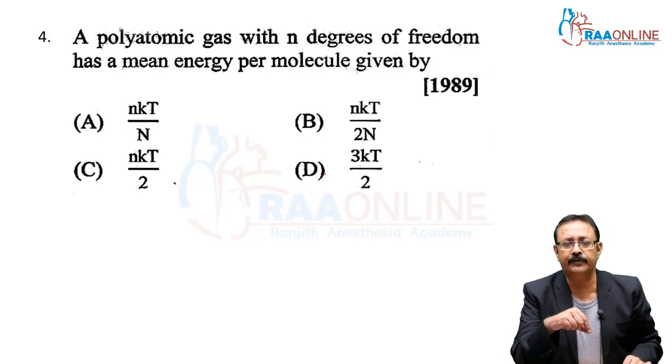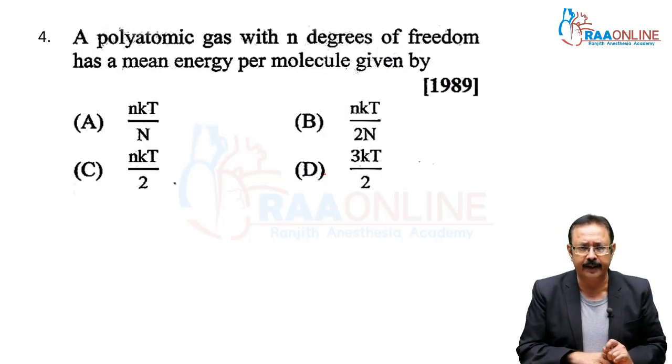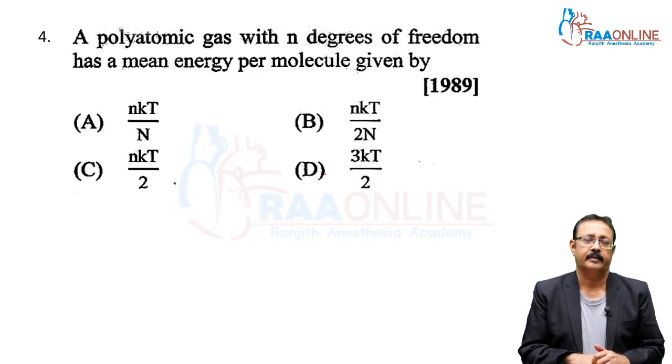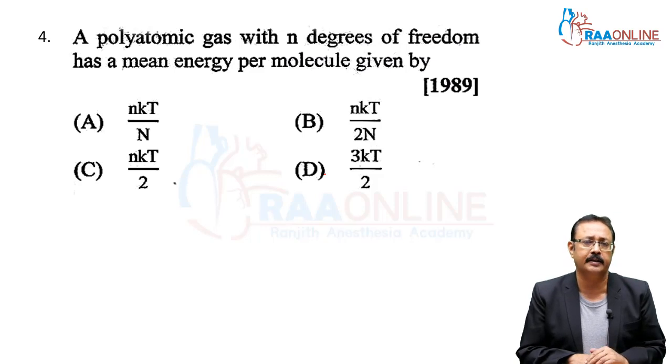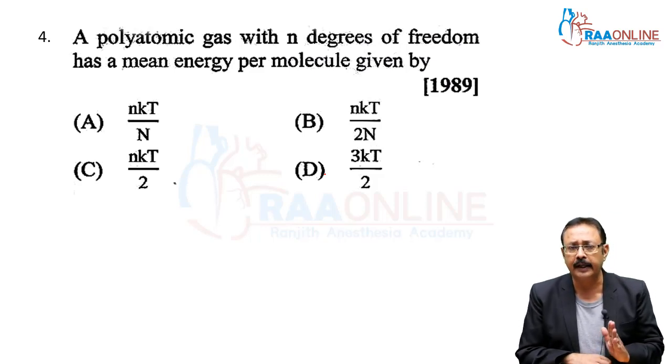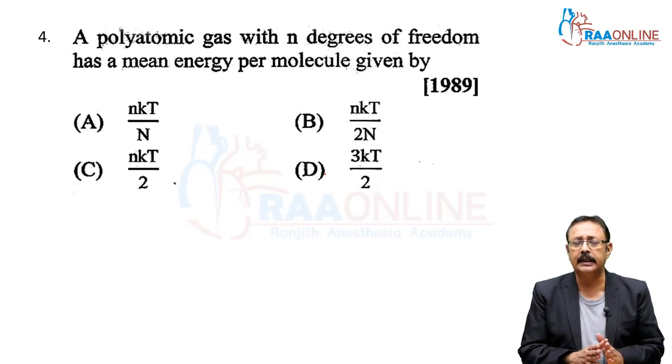Next problem is from 1989 AIPMT. A polyatomic gas with n degrees of freedom has a mean energy per molecule given by. We know the law of equipartition of energy: kinetic energy is equally divided among all degrees of freedom.